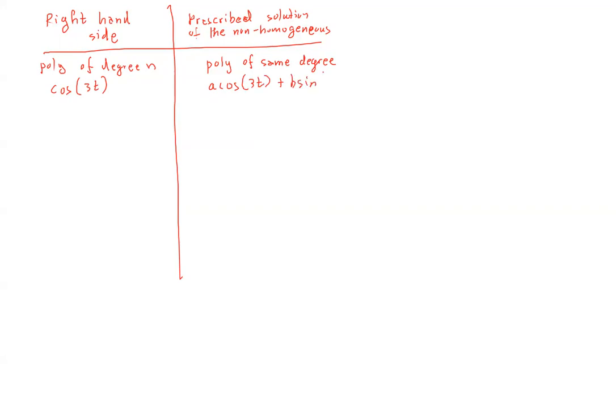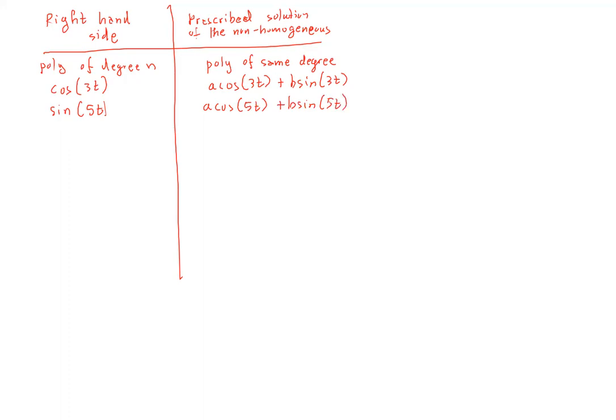That's how you should prescribe it. The reason for that is when you play with cosines and you differentiate them, you always get sines, right? And that's why you need to pretty much use both of them. So if you had a sine of 5t, then what you should prescribe is, again, a cosine of 5t plus b sine of 5t.